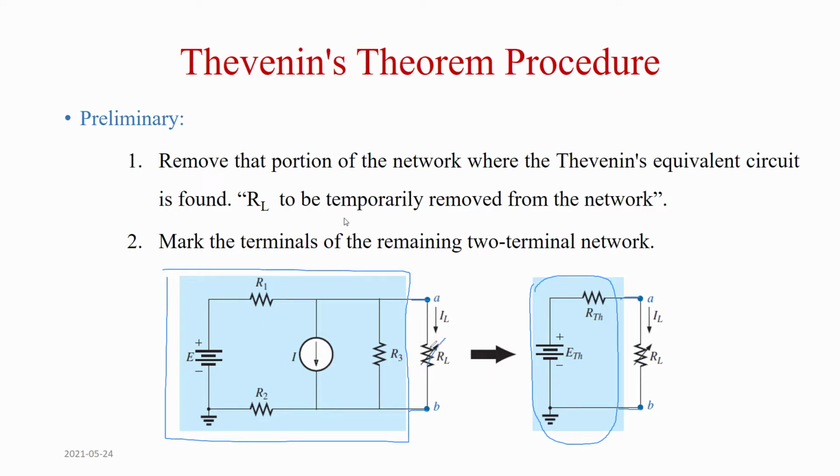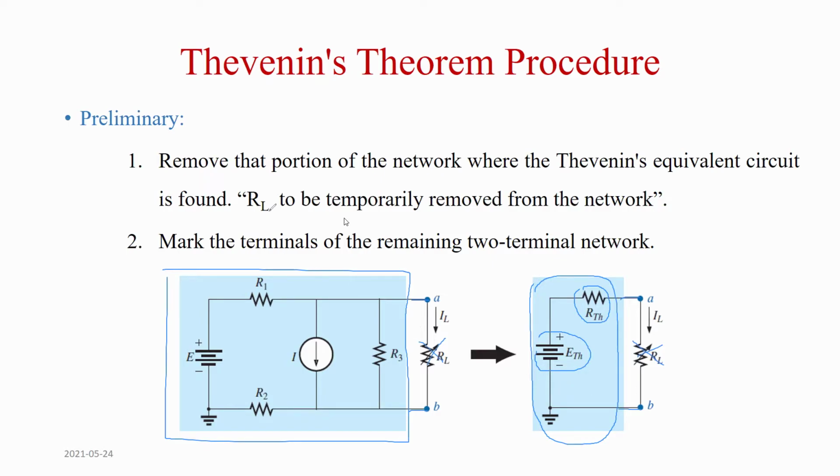So I don't do anything with this, just leave it. This is just out. The second thing, I need to find R Thevenin. The third thing, I need to find E Thevenin. Then I'm going to draw the circuit. You have to draw the circuit. If they give you the network and say find the equivalent network, you have to draw the network.